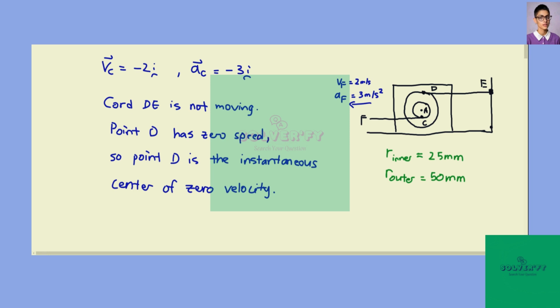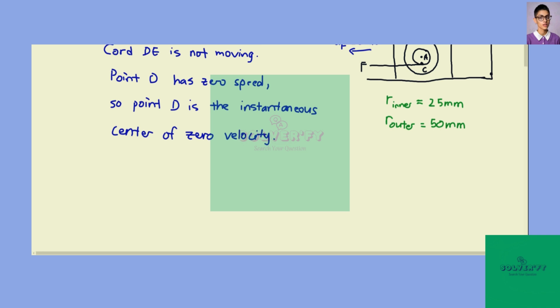Okay, so point B is our IC. We can use the IC to determine omega of the pulley. So omega will be VC divided by R from IC to C. So this is equal to 2 divided by 0.075 meters, and we get 26.7 radians per second.